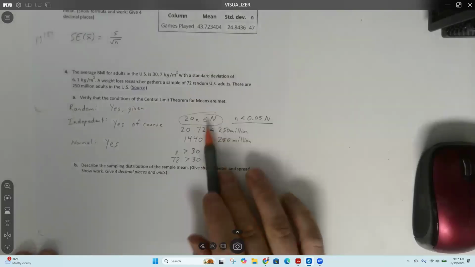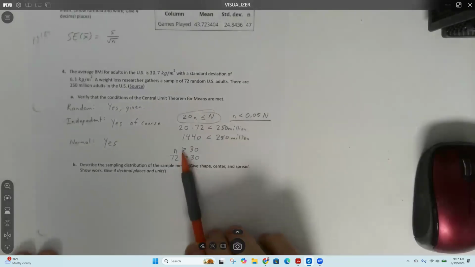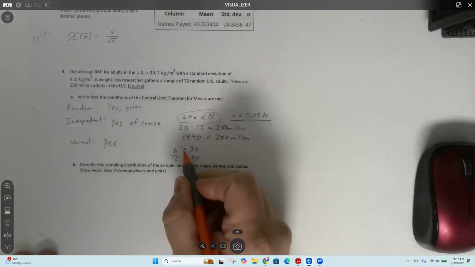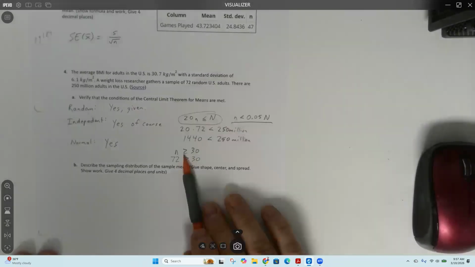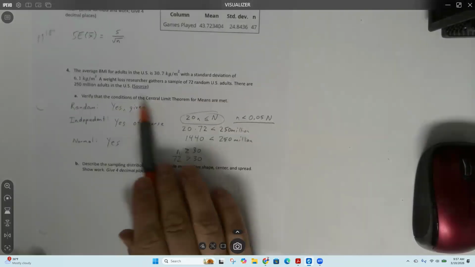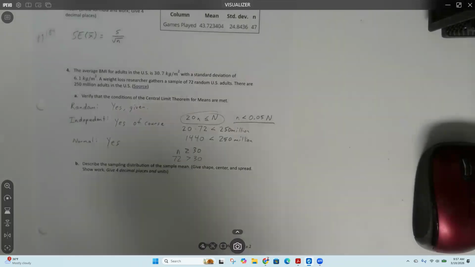If you just write less than, I'm fine with that. If you just put greater than for the normal one, I'm fine with that. If you put the equals there, that's fine too. If your sample size is equal to 30, technically you have satisfied the conditions of the central limit theorem, but 30 is the lowest.